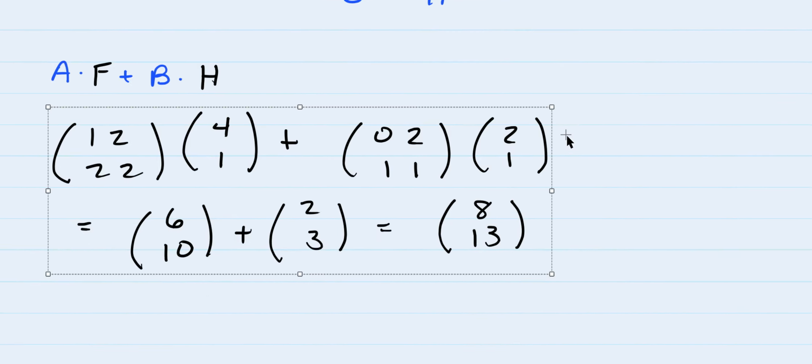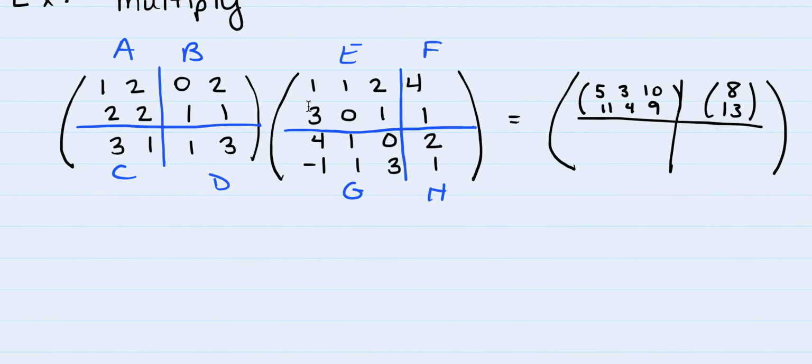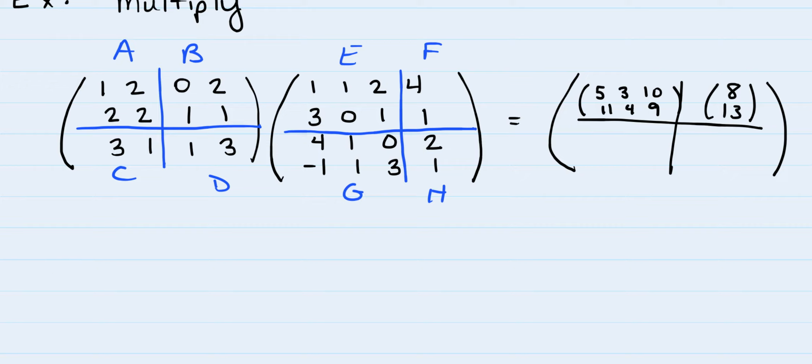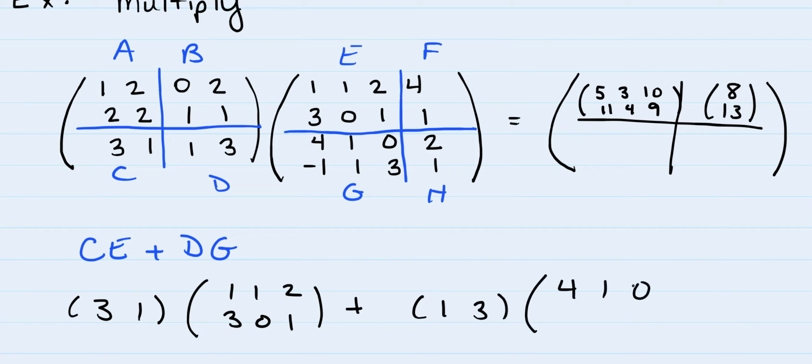Okay. Next, we want to multiply C with E and add to it D with G, and that's going to go here. So we have 3, 1 times 1, 1, 2, 3, 0, 1 plus 1, 3 times 4, 1, 0, negative 1, 1, 3.